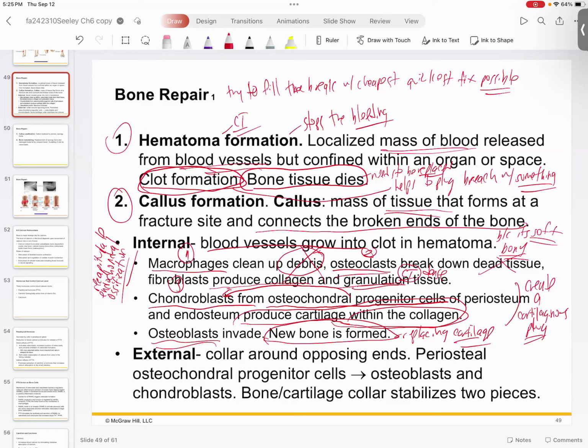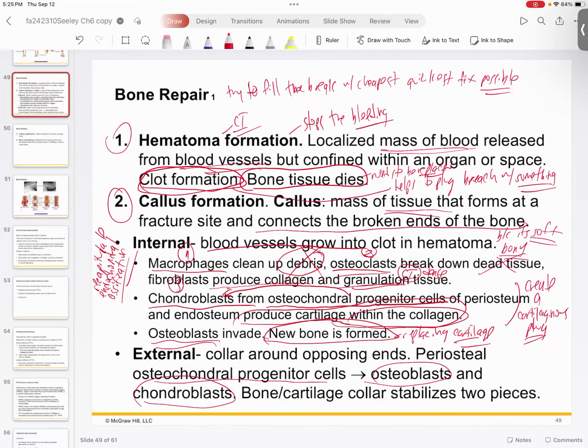Now, the external collar is ultimately going to be associated with your periosteal osteochondral progenitor cells, which will be differentiating into osteoblasts on the outside, and also chondroblasts. So you're doing the same thing on the outside as on the inside.